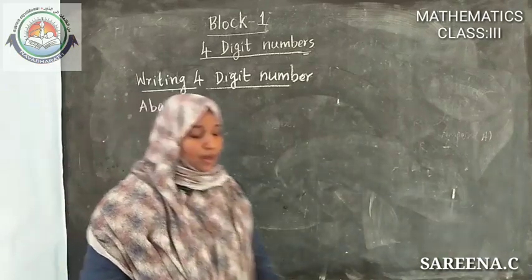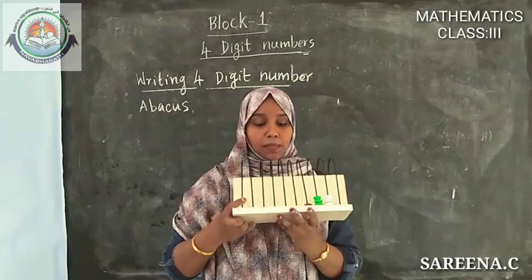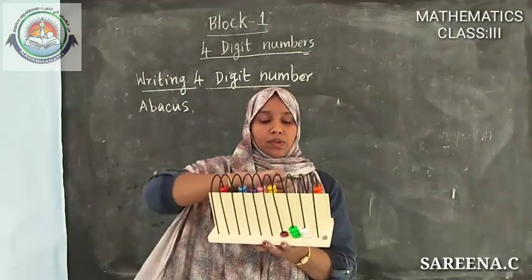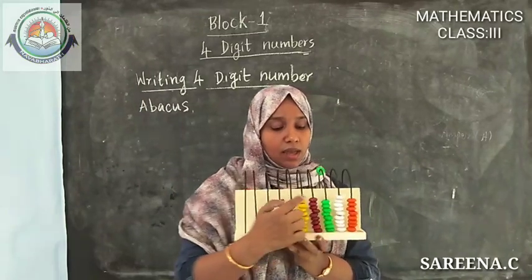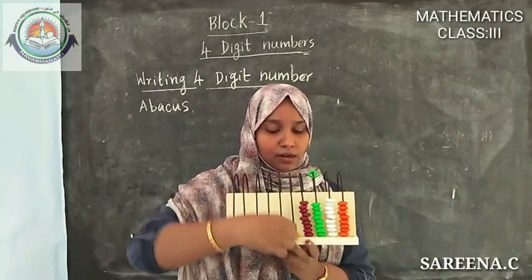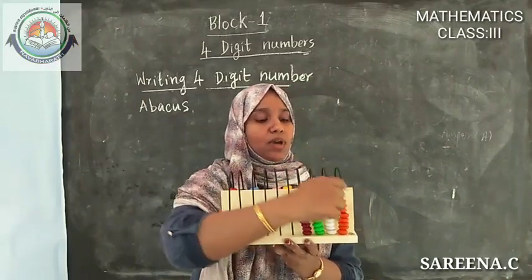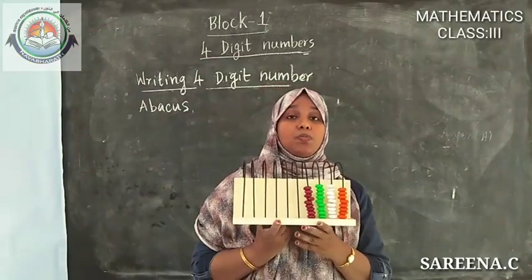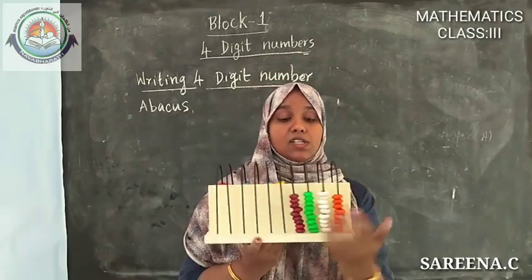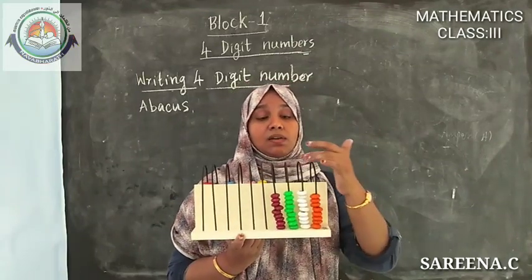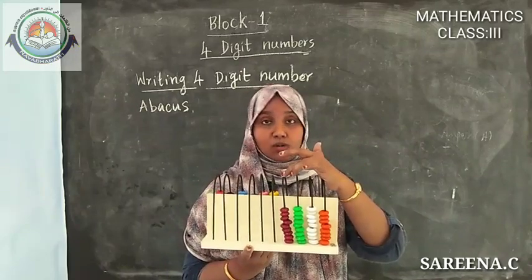I will show you an abacus here. This is an abacus, and see here, a lot of beads are here, and the numbers are expressed as beads. We can consider this is ones, this is tens, this is hundreds and this is thousands.